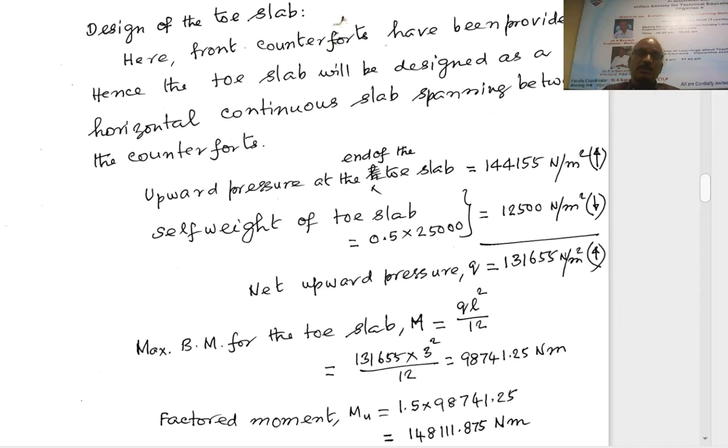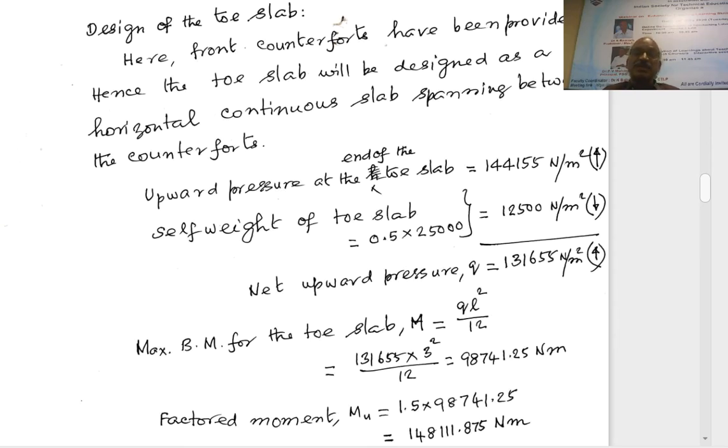As I told, the toe slab will act as a continuous slab subjected to net upward pressure. So it is plus or minus QL square by 12. Previously you used P, now you are using Q. QL square by 12 is 131,655 into 3 square.